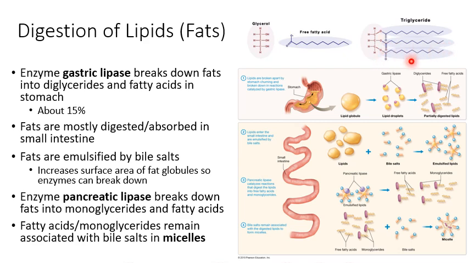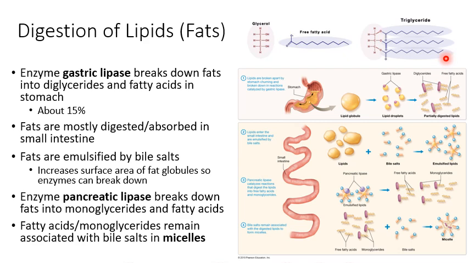So these are all fatty acids. This would be a free fatty acid, and here's a free glycerol molecule. If you take a glycerol and stick three fatty acids onto it, you get a fat, also called a triglyceride. If you've ever seen the word triglyceride on a product or something, that just means fat.